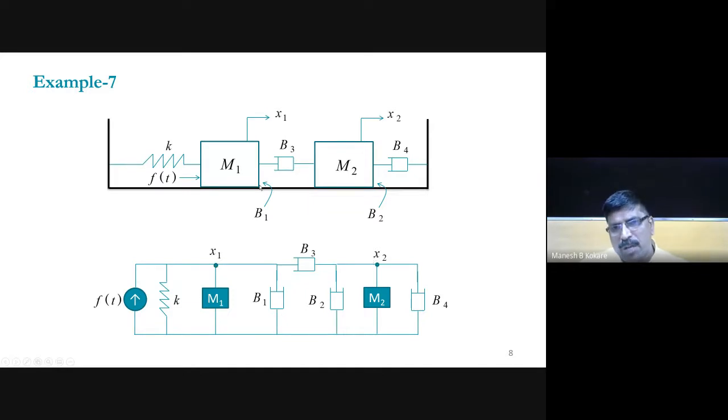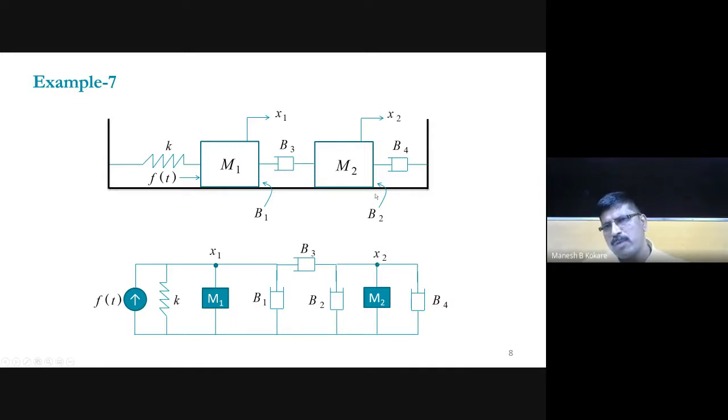But B1 is the friction associated with this mass element, nearest to x1, and since it is referred to the ground, one end of B1 is connected to the ground and the other end is connected to x1. Then for B2, one end is connected to the ground and the other to the nearest displacement point, x2. One end of B3 is also connected to x2.